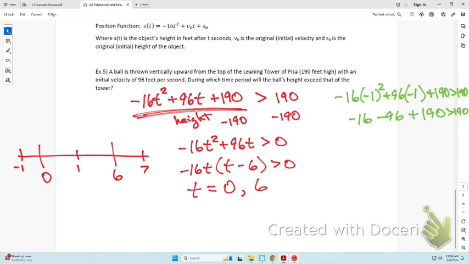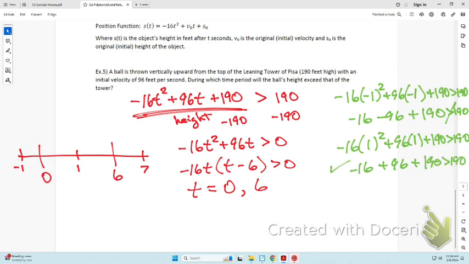I don't think it is. Let's try 1. And that has to be true, right? Well, I guess it doesn't have to be, but I hope you see that it is, because 96 is larger than -16. It's going to be larger than 190. The answer is in between.